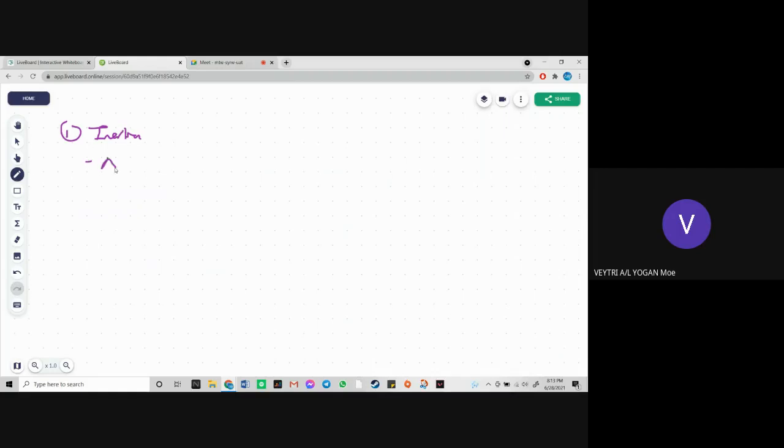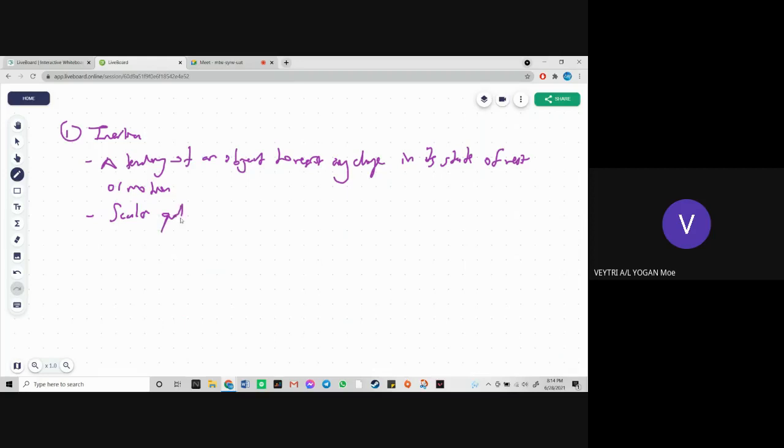Inertia is a tendency of an object to resist any change in its state of rest or motion, and it's also a scalar quantity. Okay, let me repeat that: inertia is a tendency of an object to resist any change in its state of rest or motion. Okay, basically to resist movement, right?